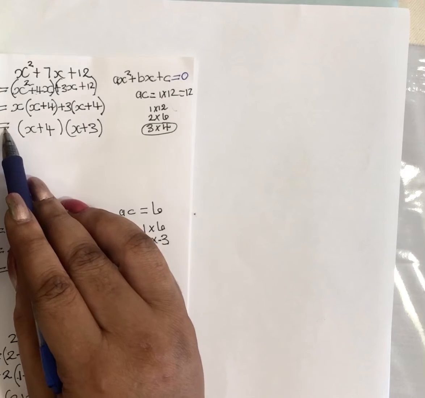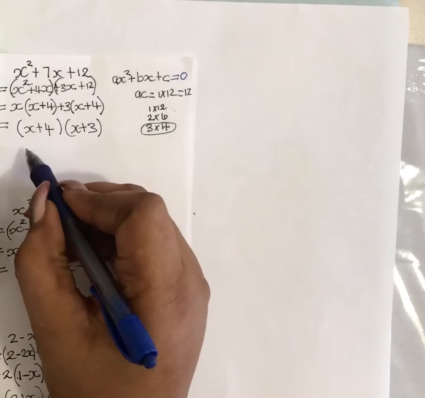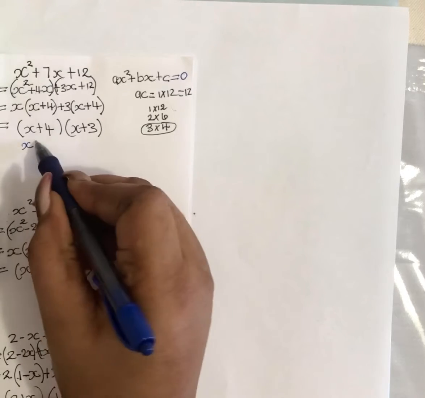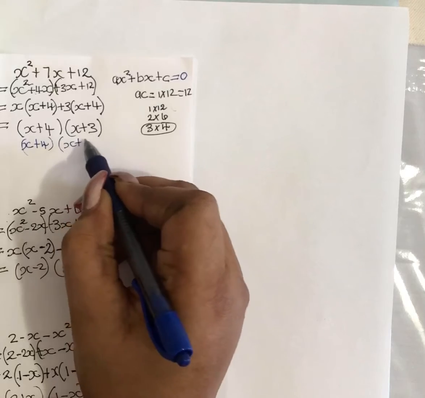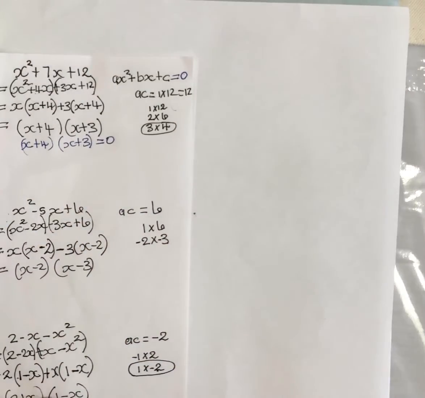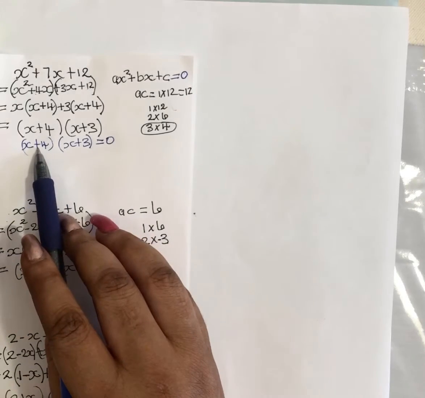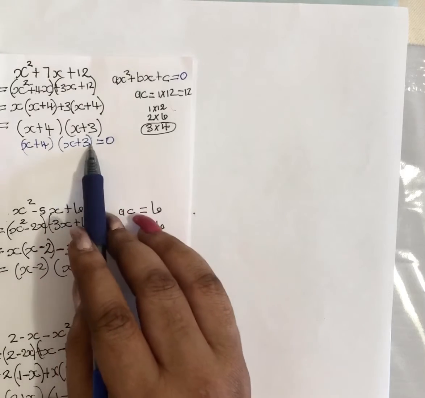And remember, an equation will not have 2 equal signs. So I'm going to leave that sign there. But to solve, you need to make it equal to 0. Good? And then what we do is we take it part by part.